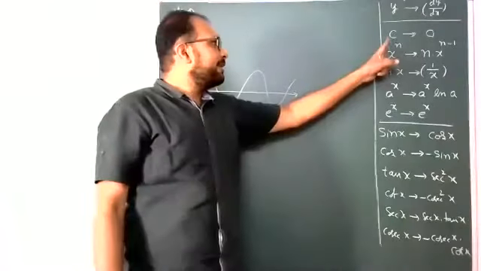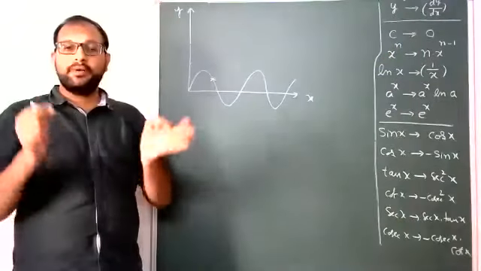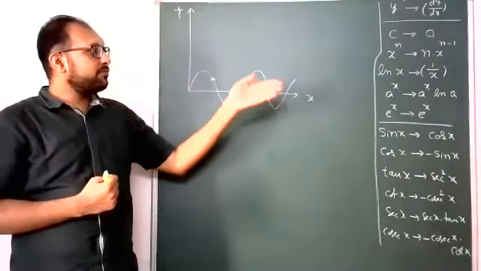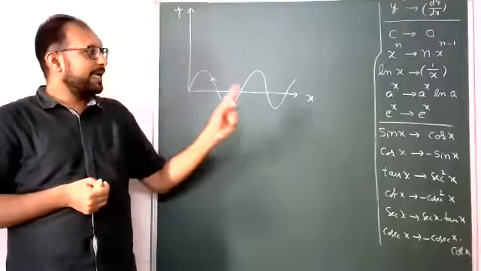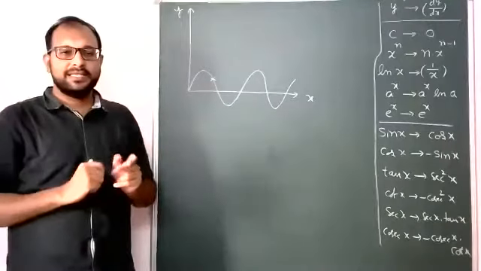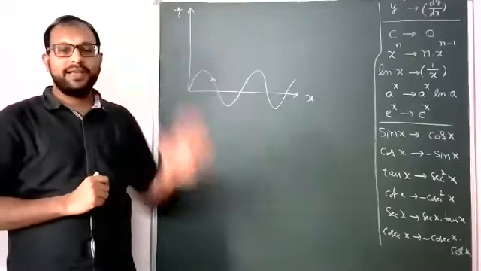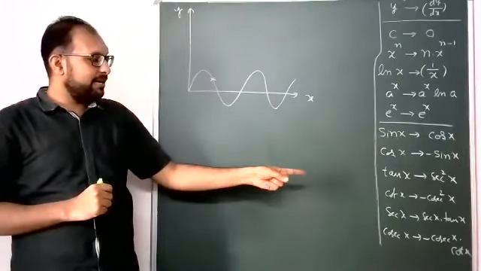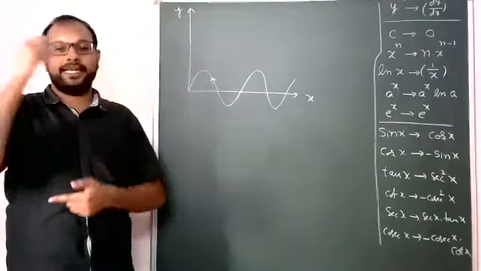Here, derivative of constant is 0, derivative of x to the power of n is n x to the power of n minus 1, derivative of ln x is 1 by x, derivative of a to the power of x is a to the power of x ln a, meaning log a base e. Derivative of e to the power of x is e to the power of x, sin x derivative is cos x, cos x derivative is minus sin x, tan x derivative is secant square x, cot x derivative is minus cosecant square x, secant x derivative is secant x tan x, and cosecant x derivative is minus cosecant x into cot x.